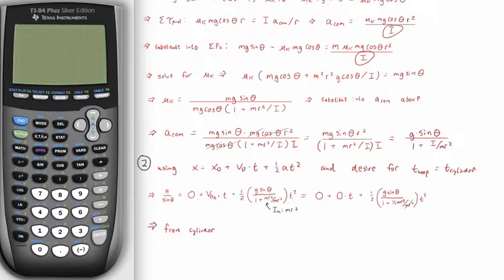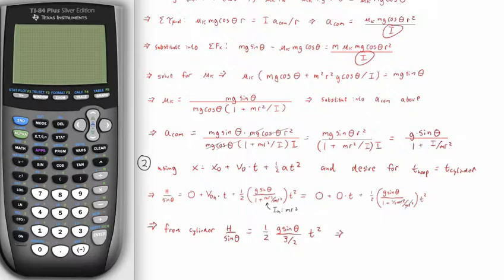So we're going to end up with h over sine theta equals 1/2 g sine theta over 1 plus 1/2, so 3/2, times t squared.